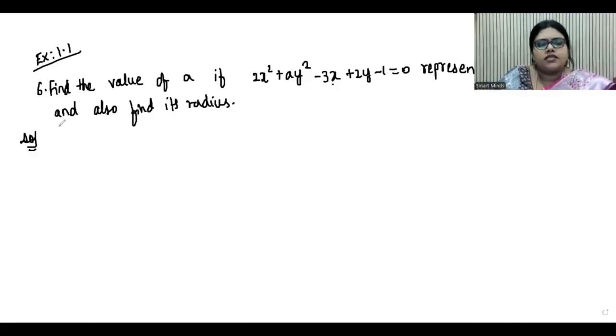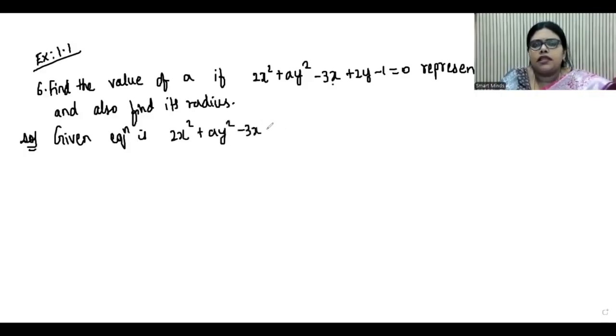So first let us see what is the given equation. Given equation is 2x square plus ay square minus 3x plus 2y minus 1 equals 0. So over here, first we will apply the conditions of a circle.